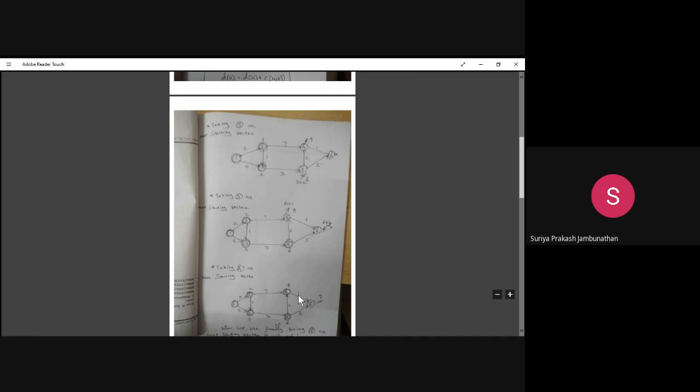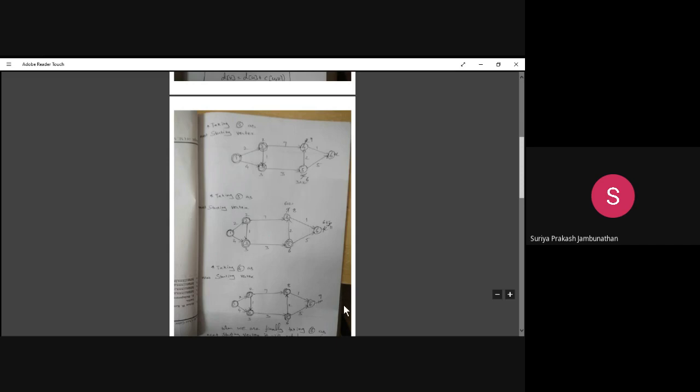So 8 plus 1, we are having 9. So already the node weight is 11. So 11 can be replaced with 9 because 9 is lesser than 11. So finally we can move to 6 and there is no further vertex we can travel to from 6, so we are stopping the algorithm.